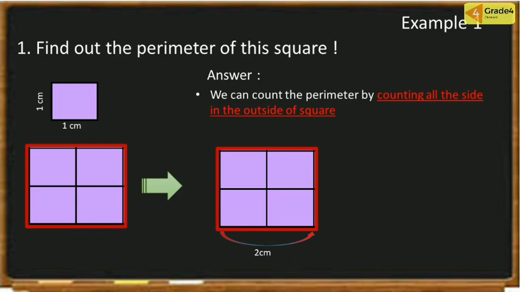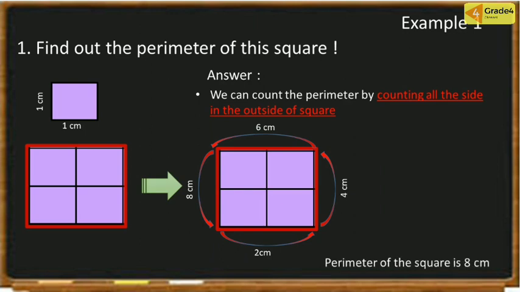The first is 2 centimeters, and then we add 2 centimeters again to get 4 centimeters, and then we add 2 centimeters again to get 6 centimeters, and the last we add 2 centimeters again to get 8 centimeters. So, the perimeter of the square is 8 centimeters.